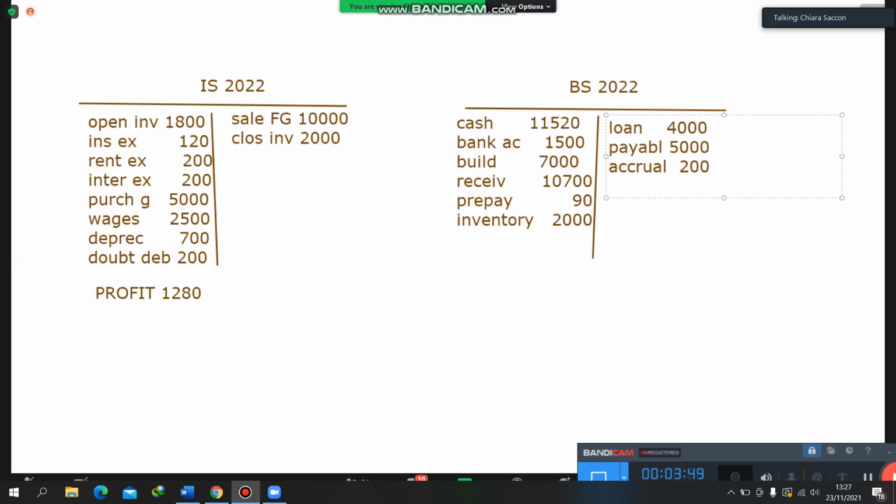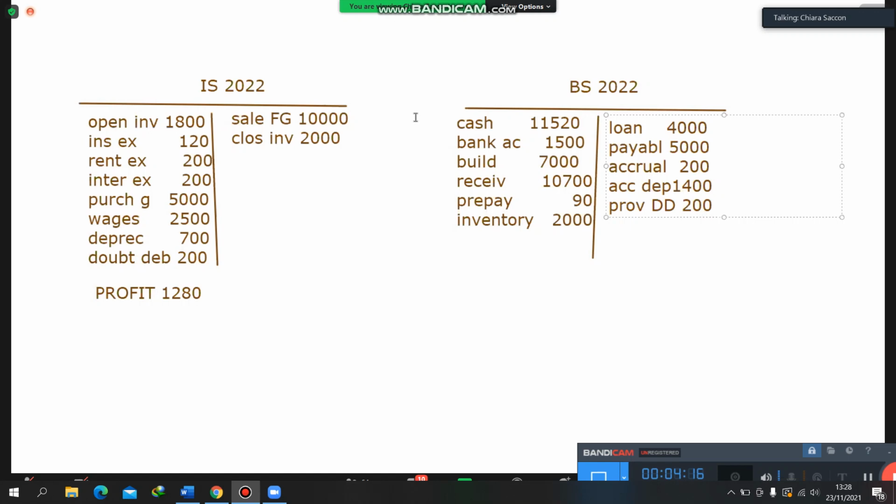Then accumulated depreciation, 1,400. Okay, there are the two amounts of 2 periods. It is accumulated. And then provisions for doubtful debt, 200.